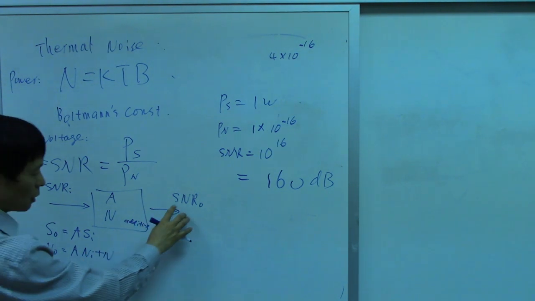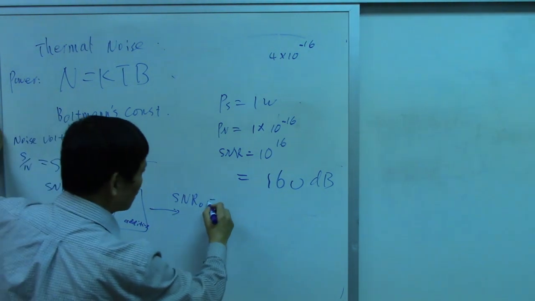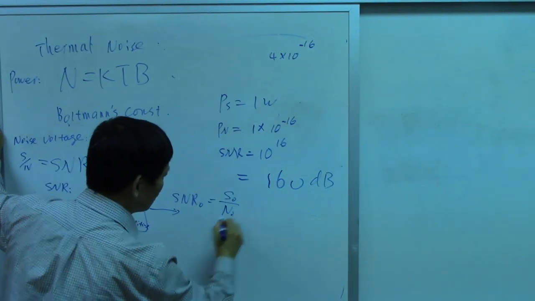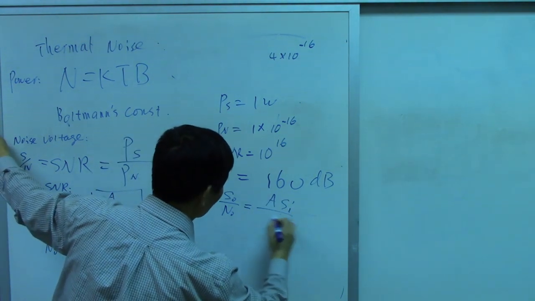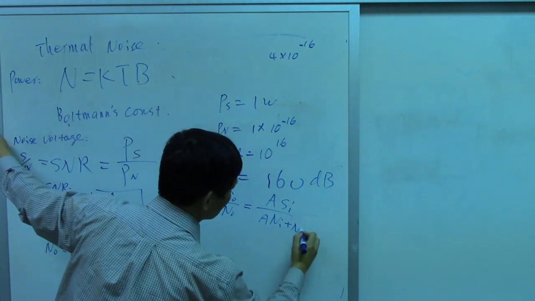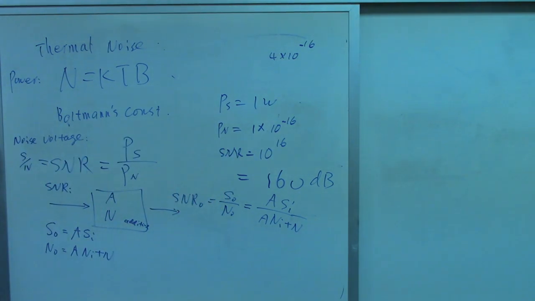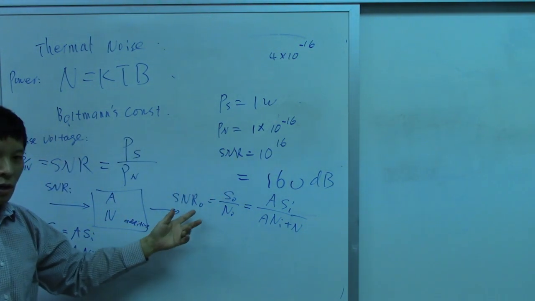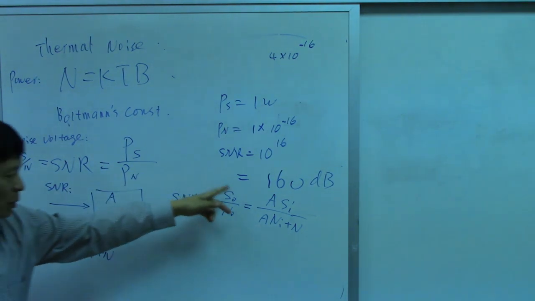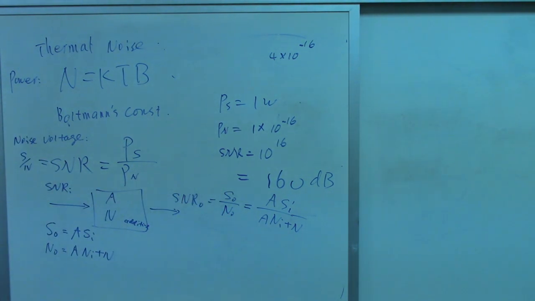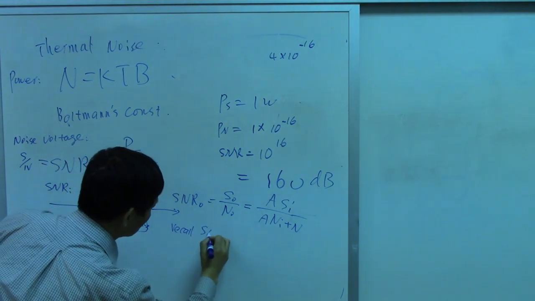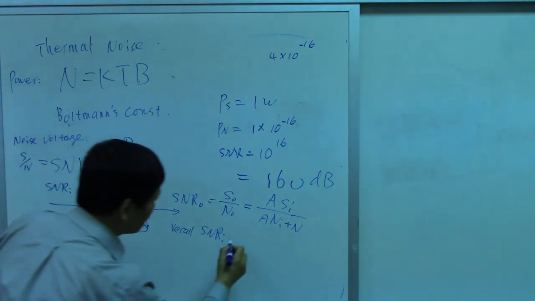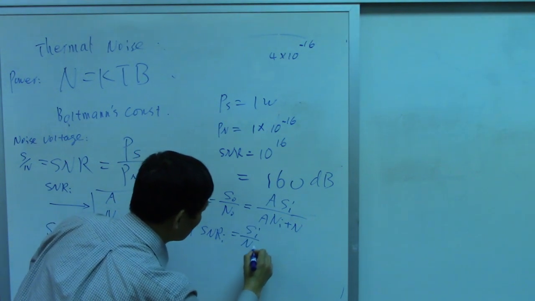Now, what is the signal to noise ratio at the output? That one equals the signal at the output divided by the noise at the output. So that means this one equals A S_i over A N_i plus the additive noise here. We just calculated the signal to noise ratio at the output, which by definition is the signal divided by the noise. And recall that the signal to noise ratio at the input equals the input signal divided by input noise.